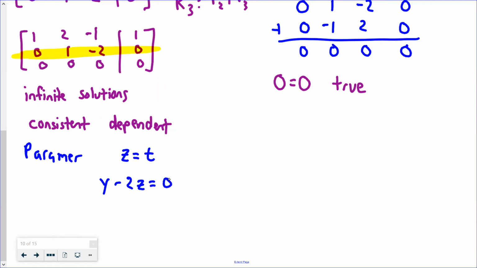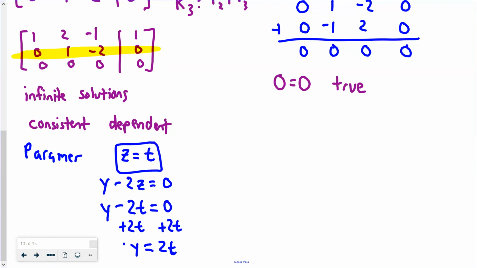Now, we're going to solve for y, but we want it to be in terms of t. So first off, let's replace the z with the t, and we're going to solve for y. Pretty easy from here. We're just going to add 2t on both sides. And that tells us that y is equal to 2t. So z is t, and if z is t, then y is 2t.